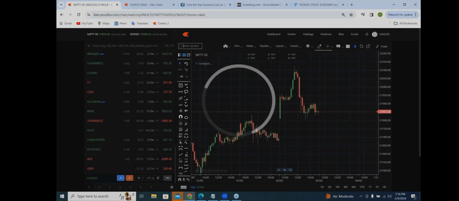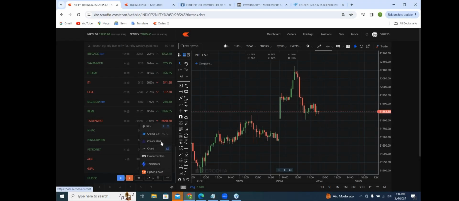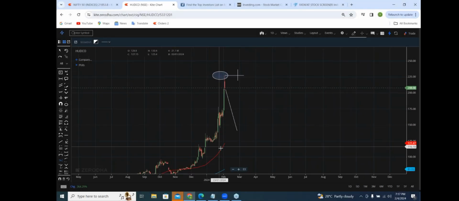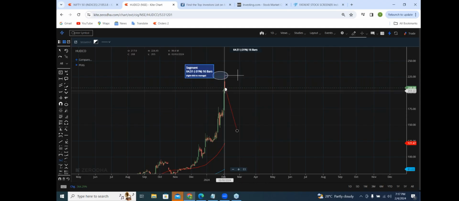And whenever you do some research on a stock, please create an alert and forget it, because it's still in golden cross. So definitely we cannot monitor all the stocks all the time. So what is the high?